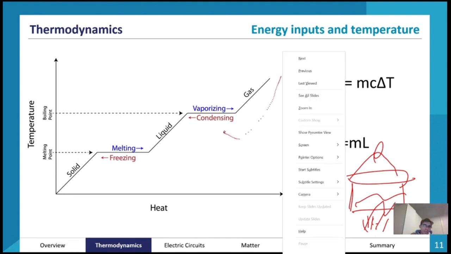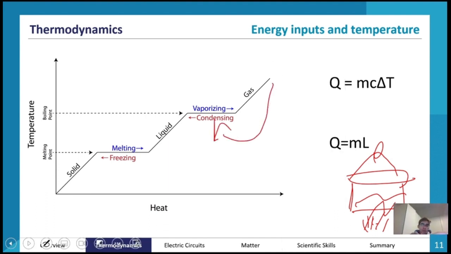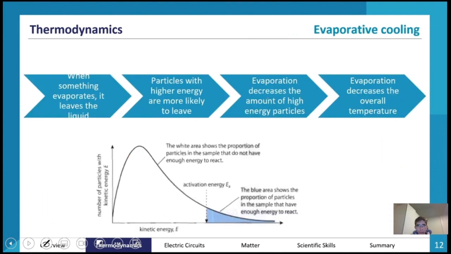You can convert gas into liquid, and we call that process condensation. You can convert liquid into a solid, and we call that process freezing, right? So solid into liquid is melting, liquid into gas is vaporization, and then condensation is gas to liquid, and freezing is liquid to solid.